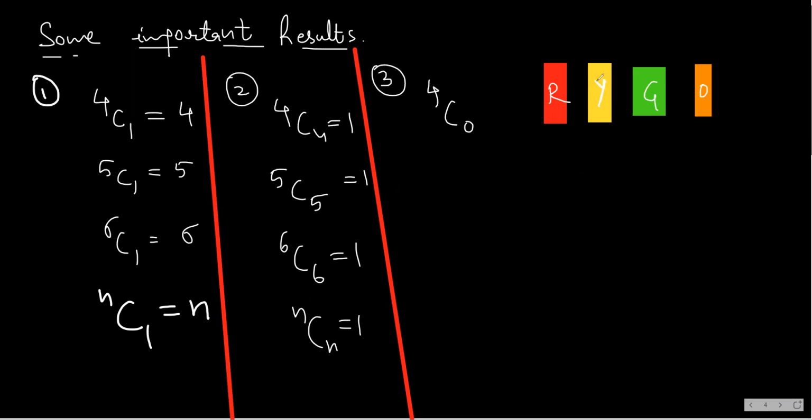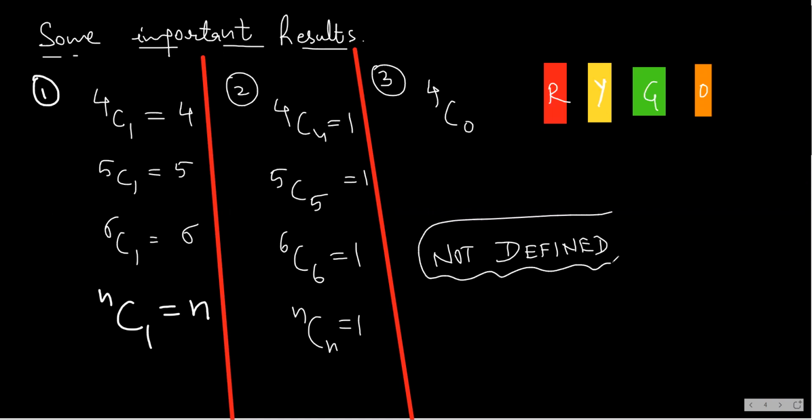And when it does not have an answer for something, it is said to be mathematically not defined. You must have heard many times we say it is not defined.